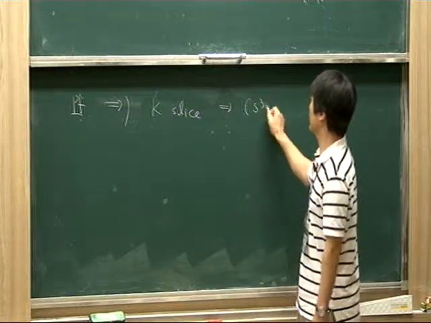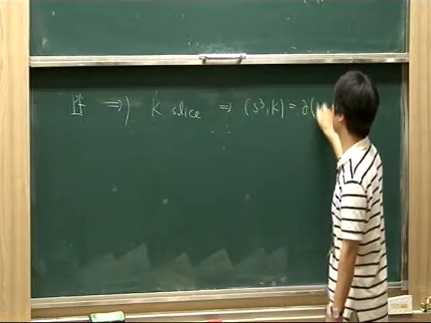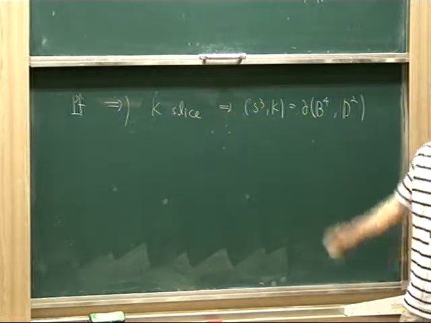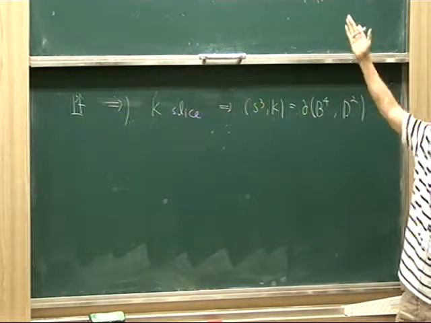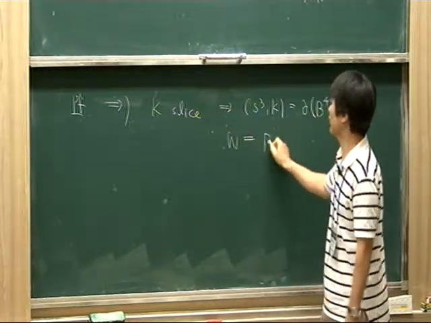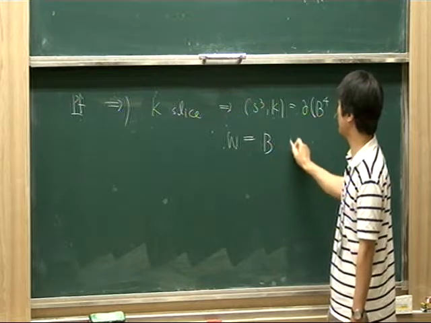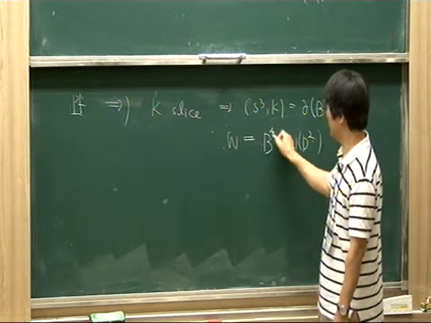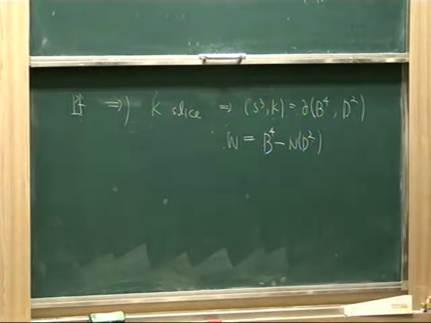S3 with K is the boundary of B4 with a certain two-disk, and then for W, you take the complement of the tubular neighborhood of the two-disk inside the four-ball. Then this W satisfies all the desired properties.